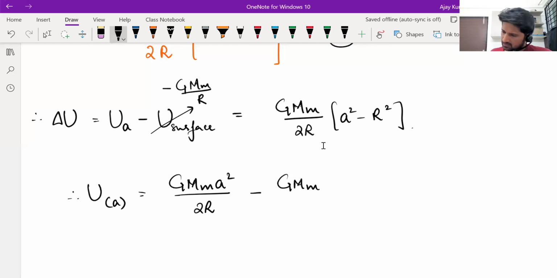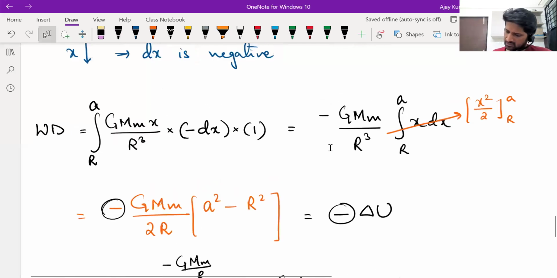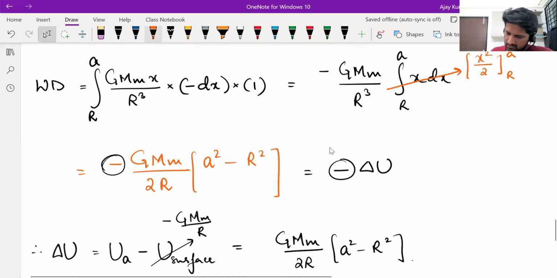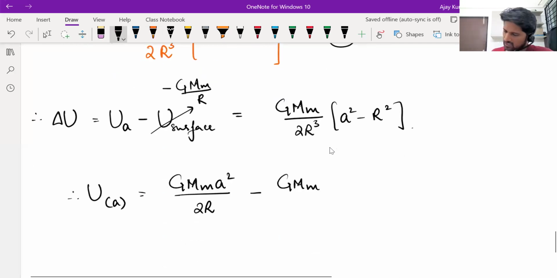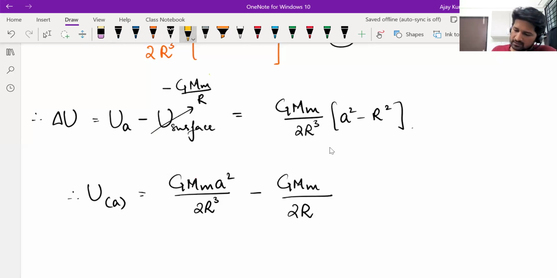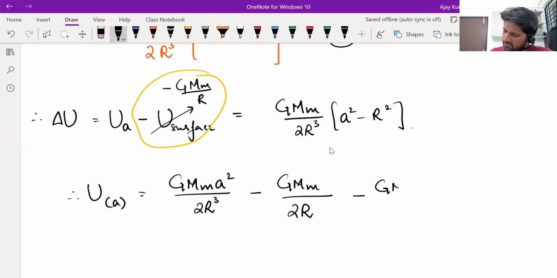Okay, wait. How did it become r in the denominator? It is r cube in the denominator. Small mistake. Okay, GMm a square by 2r cube minus GMm r square by 2r cube becomes 2r. Okay, and then this term that is there plus GMm by r on the left hand side becomes minus GMm by r on the right hand side.